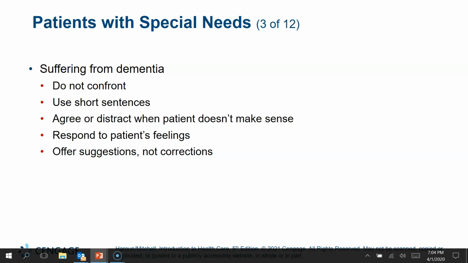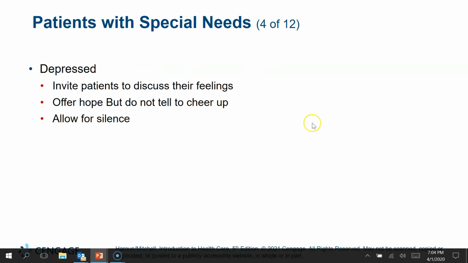All right, next group is patients who are depressed. And this can be for a number of reasons. If they're going through the process of dying, we know that Kubler-Ross, and we'll be talking about that, and her stages of death. We have a lot of people that are clinically depressed.